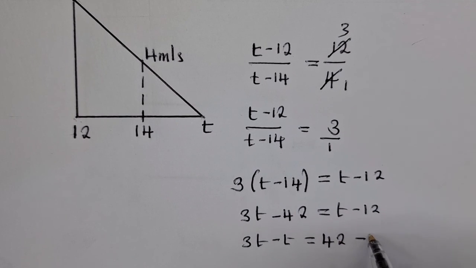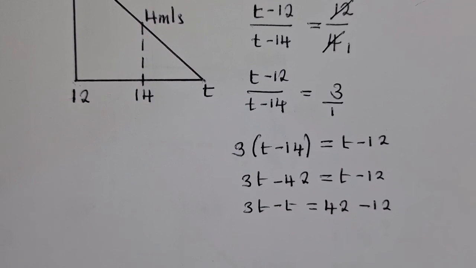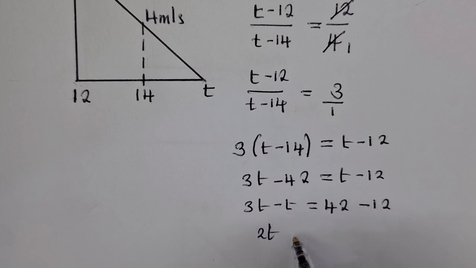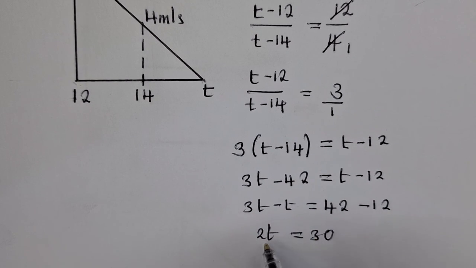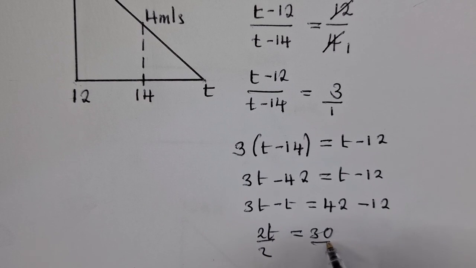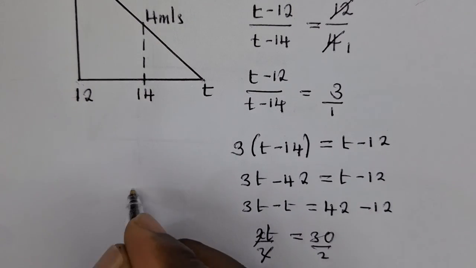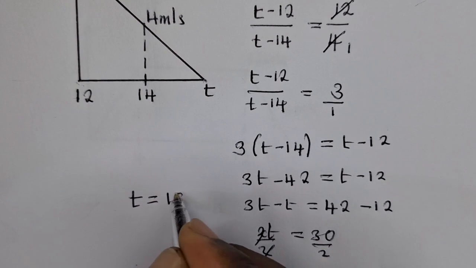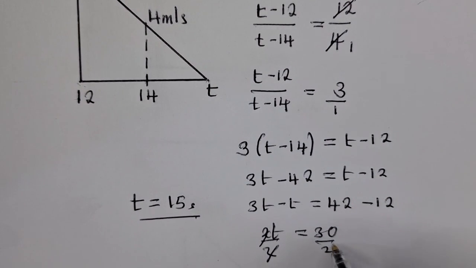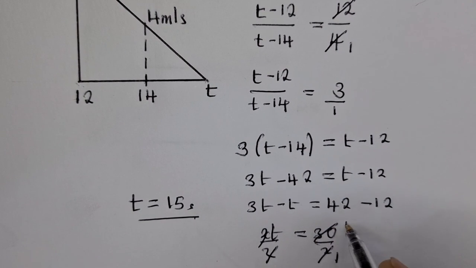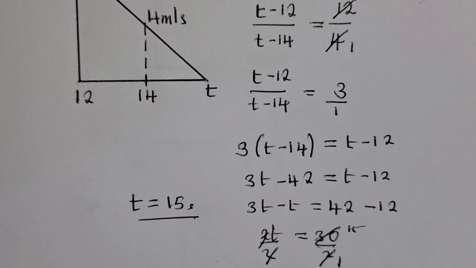So this will give us 2t equal to 30. Divide by 2 on both sides. So we have t equal to 15 seconds, because 2 into 2 is 1, and into 30 is 15. So 15 seconds is our solution.